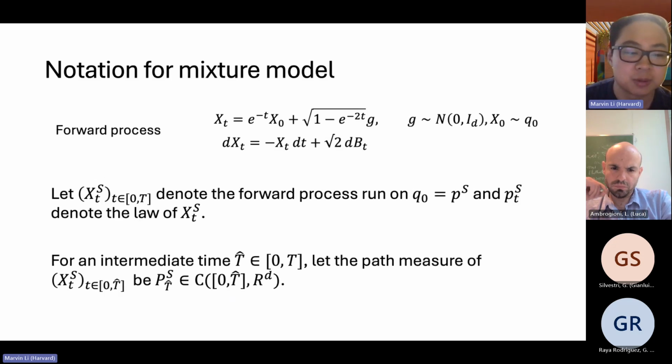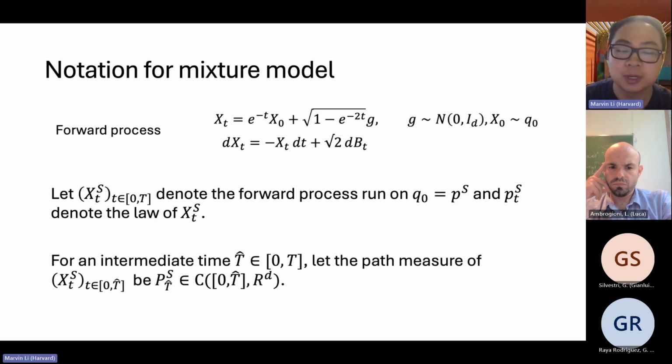So just for the notation of the mixture model, we let X superscript s,t denote the forward process when you start from p superscript s. So when we take a sample from p superscript s and we noise it, we generate samples x superscript s, and we let p superscript s denote the law of x^{s,t}.